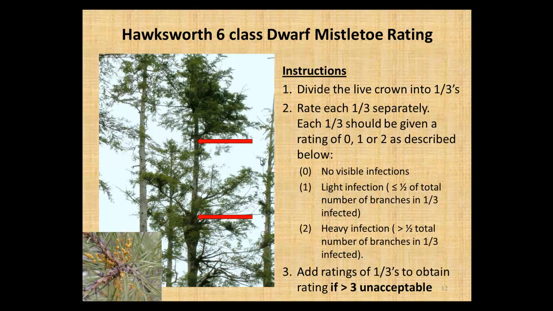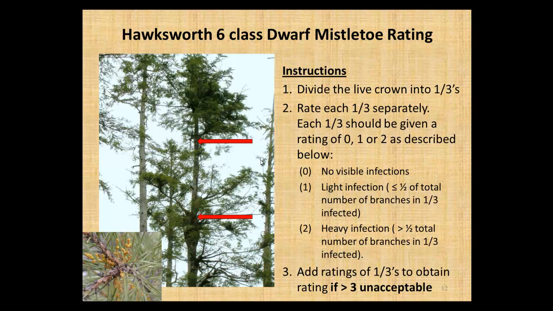So it's fairly subjective in a way, but at least it's categorizing it. So a 0 rating would be no infections at all, no visible infections, not seeing anything. A 1 rating would be light infection. Trying to quantify it here, less than or equal to half of the total number of branches in that third are infected. And heavy infection is greater than half of the total branches are infected.